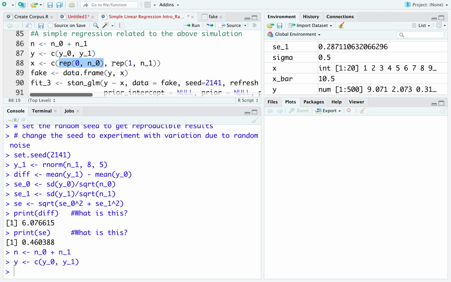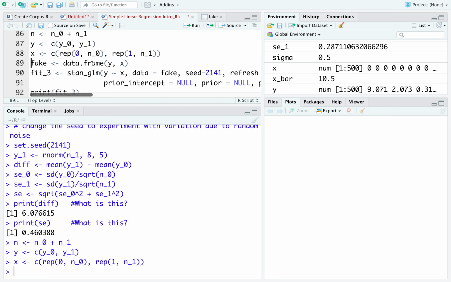And then after that, I'm going to concatenate, append another 300 ones. So I'm going to have 200 zeros followed by 300 ones. We'll see why in a second. These are kind of pseudo predictors, just indicating whether, if x equals 0, you were in the first group, drawn from the first distribution. If x equals 1, you're in the second group.